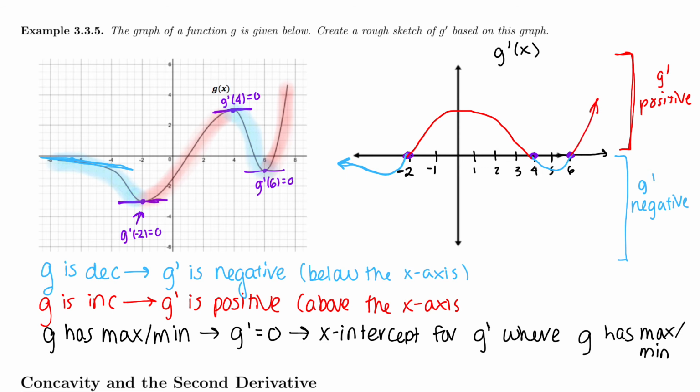And then it's just going to get more and more steep. Obviously, you can't make a perfect graph. The more important thing on this is not the shapes that are made right here and right here. What's more important is where it's positive, where it's negative, and where the x-intercepts are. Those are the important parts of that graph.